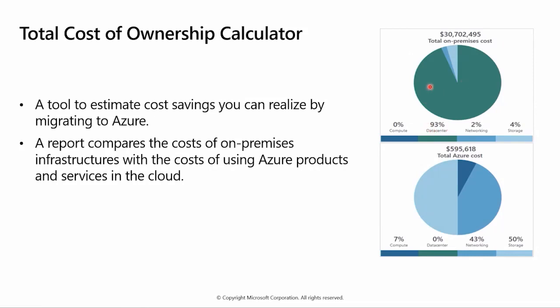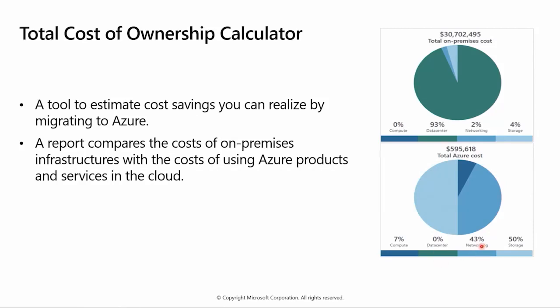This is your labor fees, your rent, all of that, with very little coming from the actual compute side. If we switch it over to Azure, running this exact same workload, you no longer are paying for that data center. Because when you work with Azure or any public cloud computing, you are taking advantage of having someone else run that physical infrastructure for you.